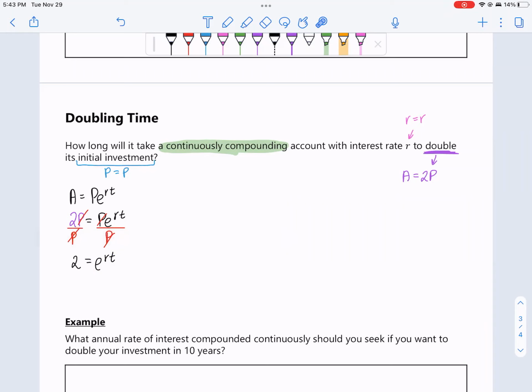Look at the P's cancel completely. The amount of principal I have doesn't at all determine how long it takes to double. The only thing that's going to affect how long it takes for our account to double is the interest rate.